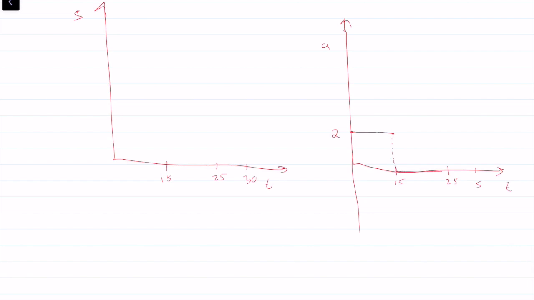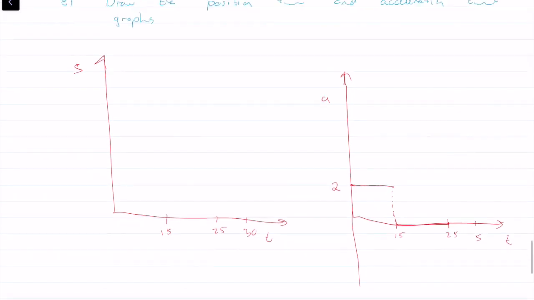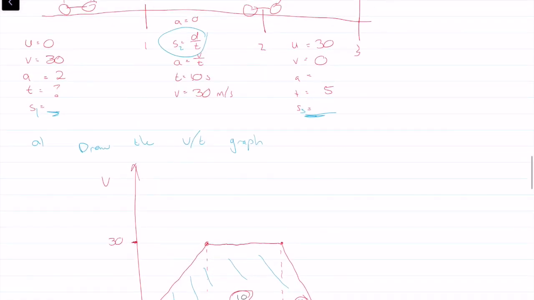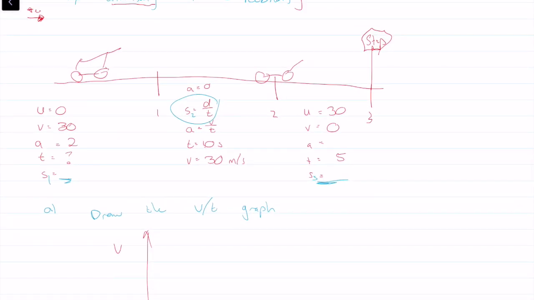The next part of the question, we don't know what the acceleration is. We can easily calculate it. Let's actually do it. v equals u plus at. v is 0, so 0 minus 30 is equal to 5 times a, so not t, 5. So minus 30 equals acceleration times 5.